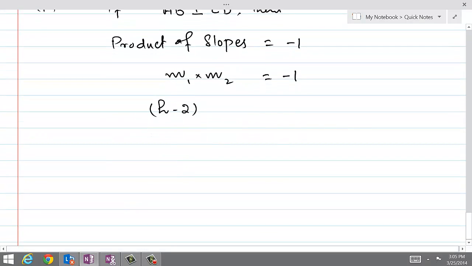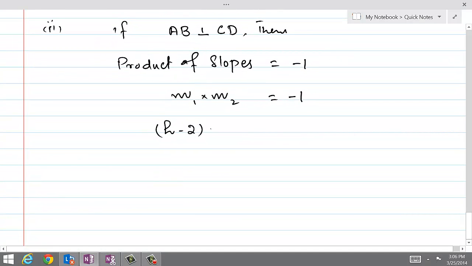So h minus 2 multiplied by 5 over 4 is equal to -1.